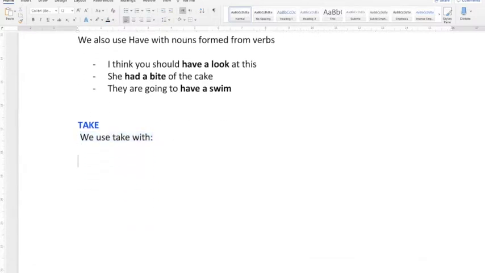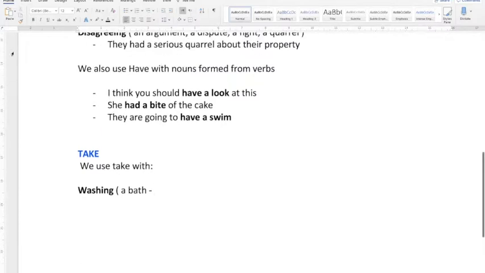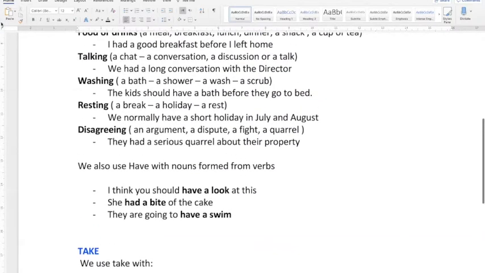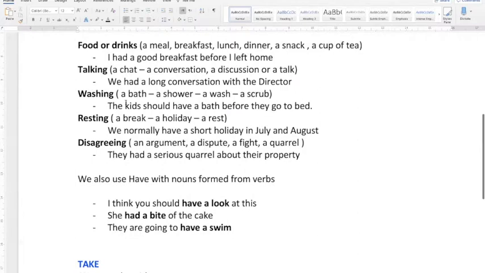First of all, if you are talking about washing, you have to use the word take. For example, you can definitely use it for a bath. As we just mentioned in the first lexical verb, you can use the word have.